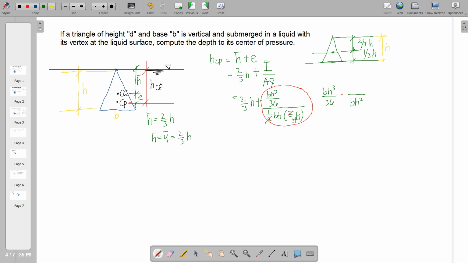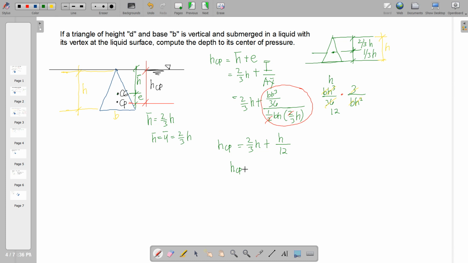So 3 here will be transferred to the numerator. Hence we can cancel B, cancel one of the H, and then H will be left. We can also cancel 36 and 3, and 12 will be left here. So we can place the value of E, H over 12, and then add to this one 2/3 of H. That will be our HCP.